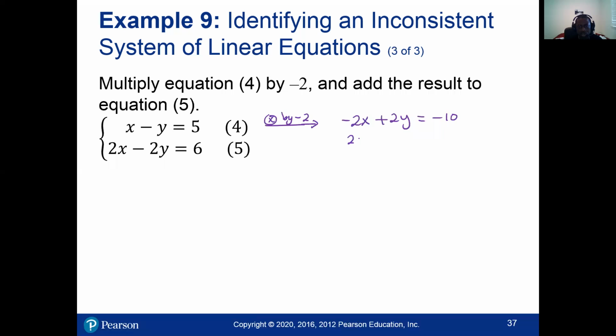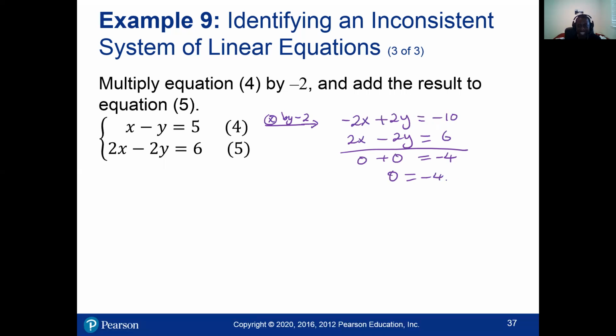And this is 2x minus 2y equal to 6. When we add them, let's see what happens. This will be 0 plus 0, and this is equal to -4. So we have 0 is equal to -4.